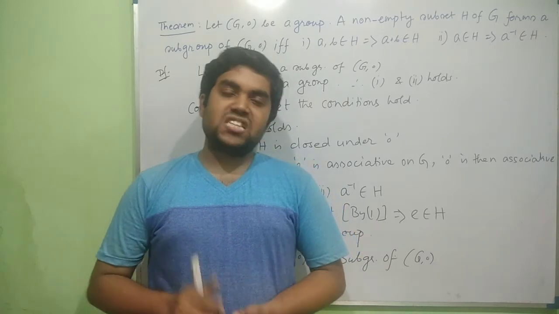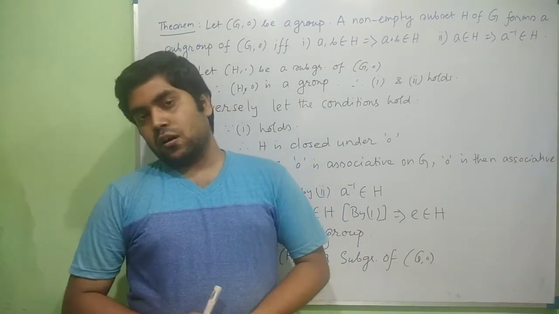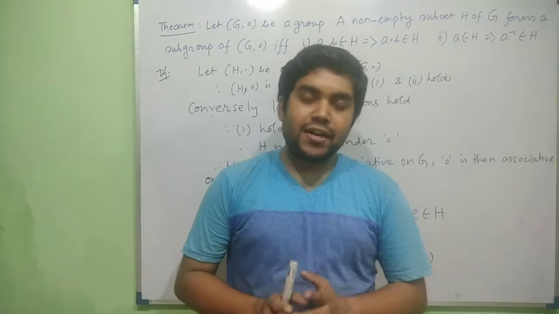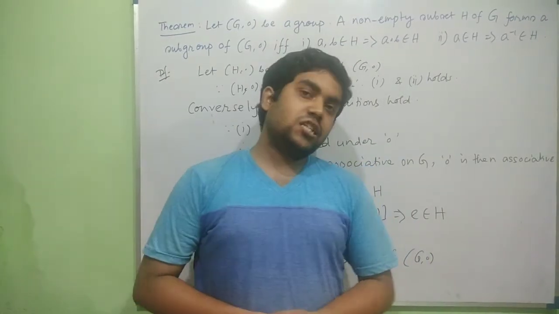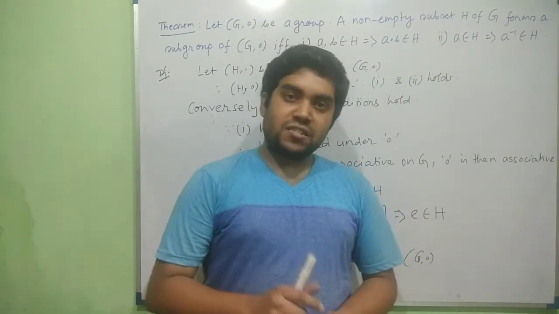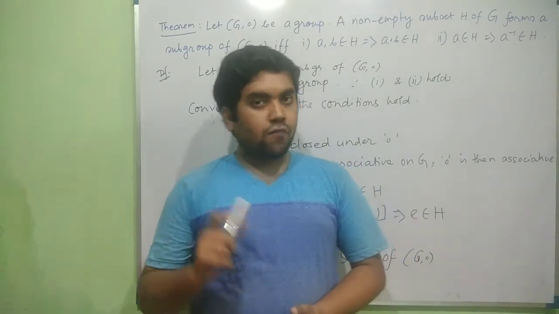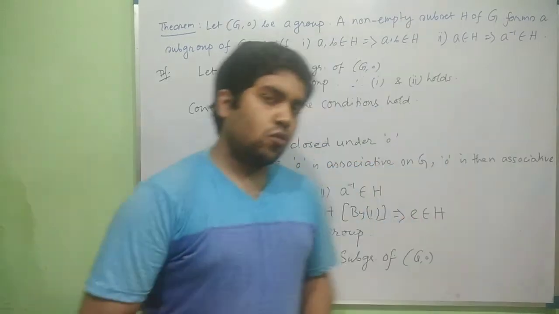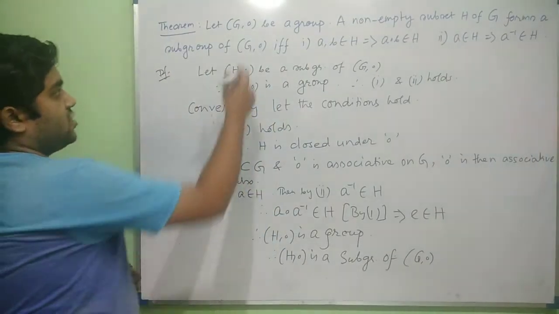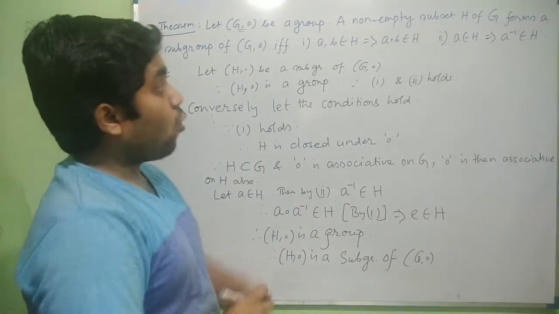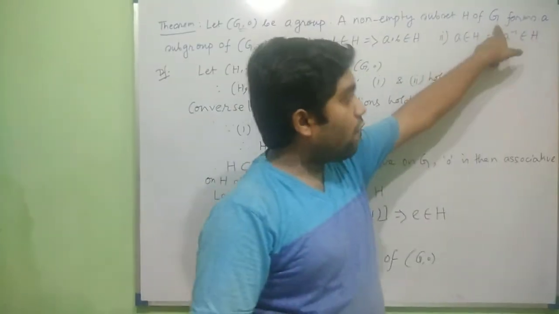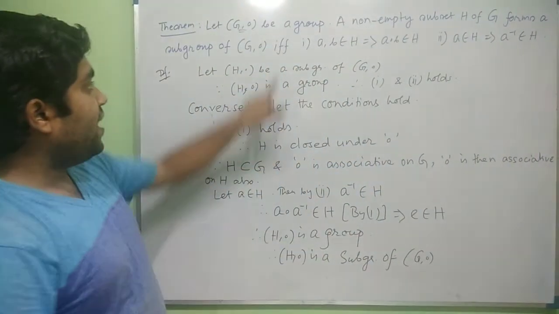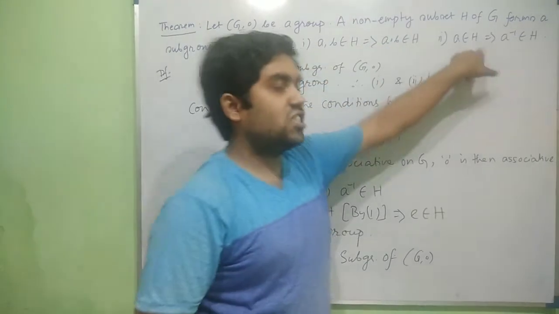We have studied the concept of subgroup. Now we are going to derive a necessary and sufficient condition for which a non-empty subset of a group forms a subgroup of that particular group. So here we consider that (G, ∘) is a group, and a non-empty subset H of G forms a subgroup if and only if these two conditions hold.